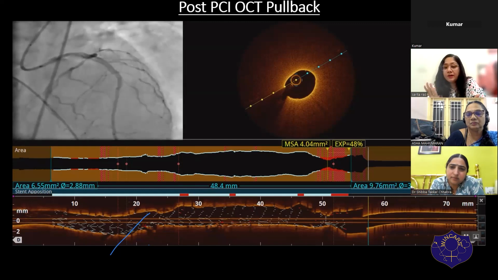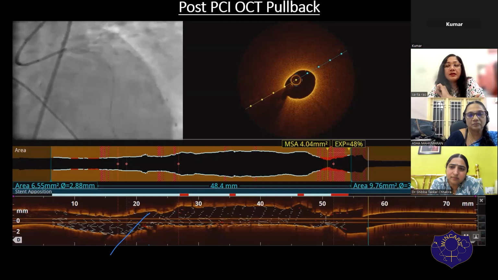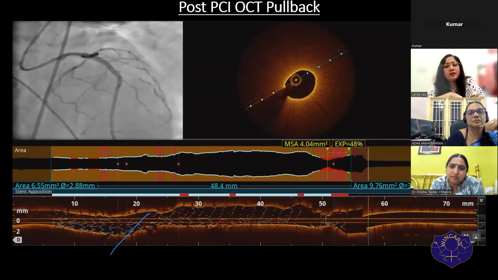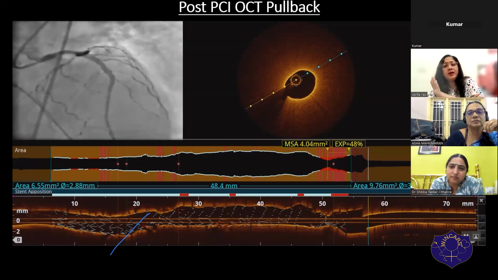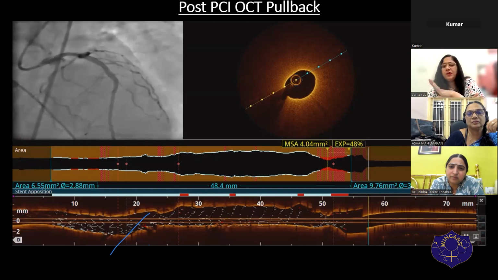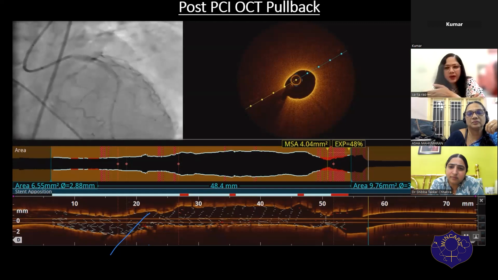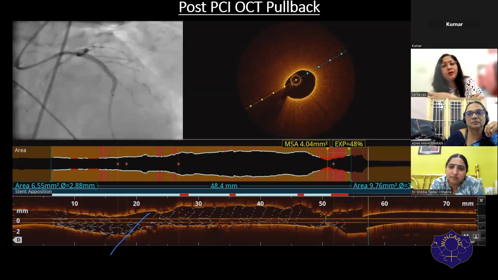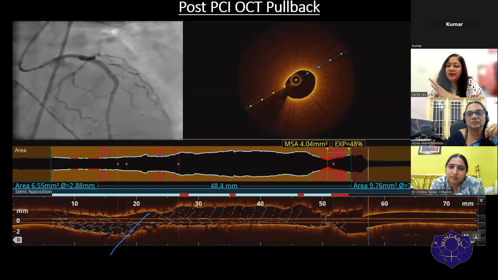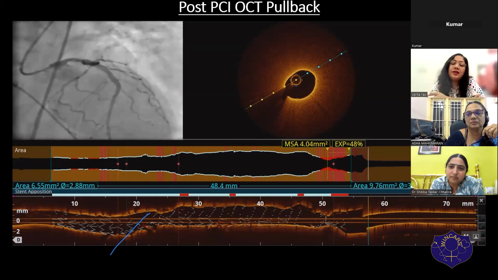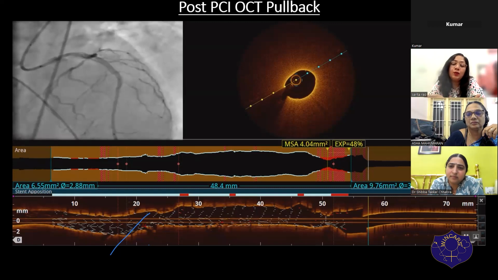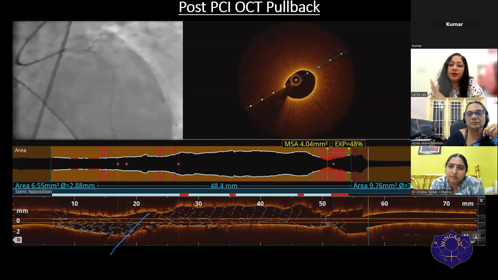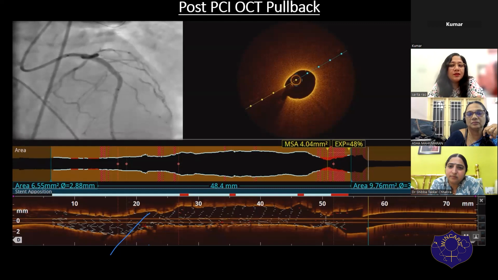So you can't use the orbital when you have a wire in the circ. Second, once I have finished burring and I have a stable bed over there, no slow flow, stable hemodynamics, all I am left to do is put the stent. Why would I, at that stage of my procedure, when I have nothing left to do but put the stent and come out, want to put a wire into the circumflex?